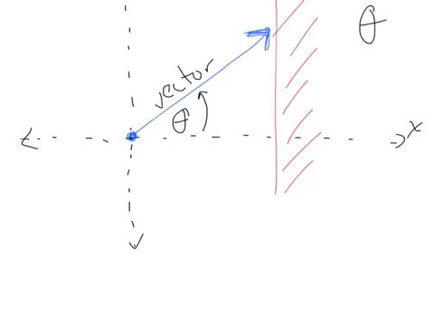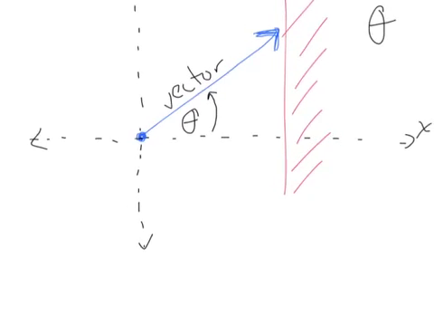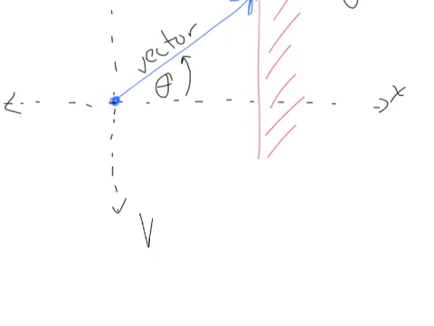That's a vector. What about speed though? Speed didn't matter which direction. Distance, it doesn't matter which direction. It's just a number, 5 meters. So a vector has a magnitude and direction. Magnitude, M-A-G, and direction.